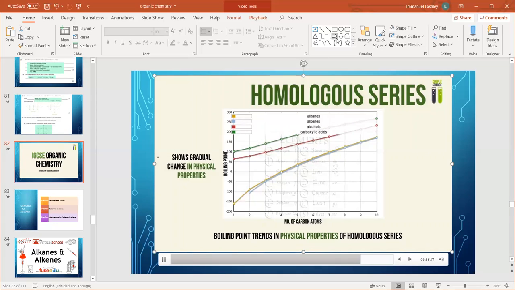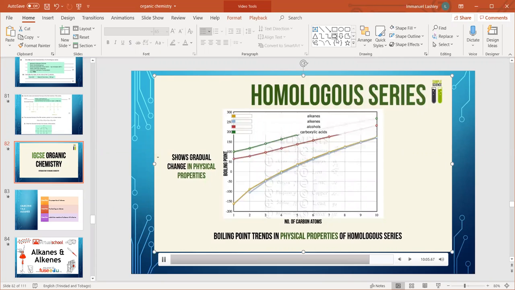So for example, let's use the boiling point of the members of a homologous series as an example. As you can see, for alkanes, as you increase the number of carbon atoms in the chain, the boiling point of each compound will increase very predictably in a straight line.